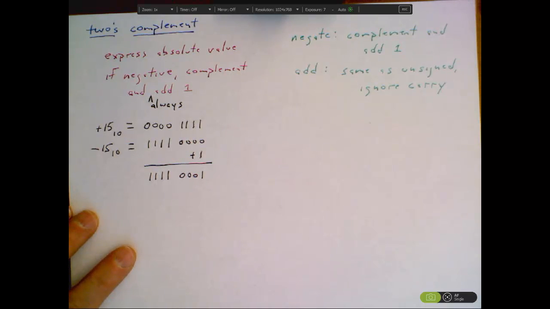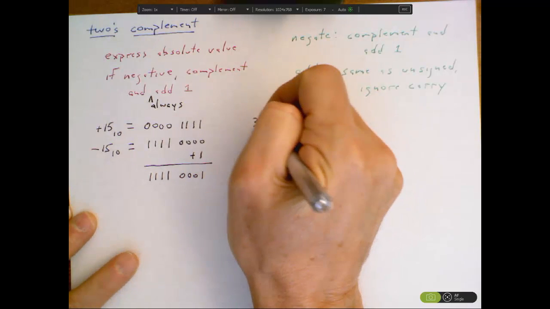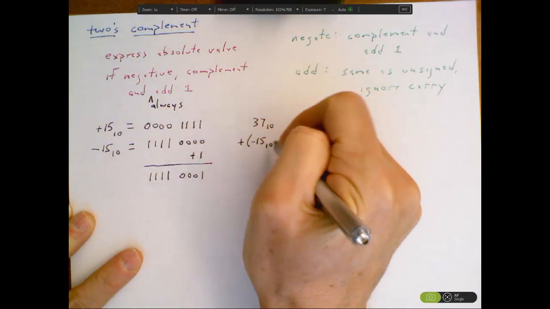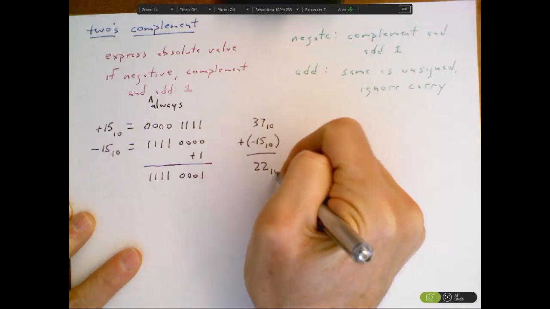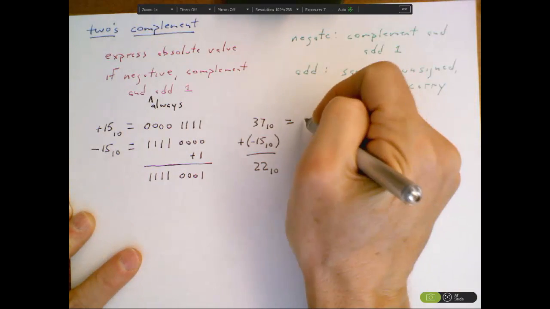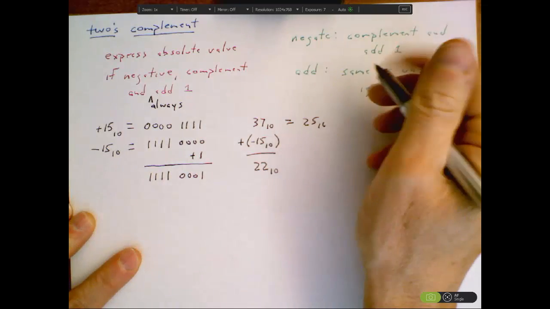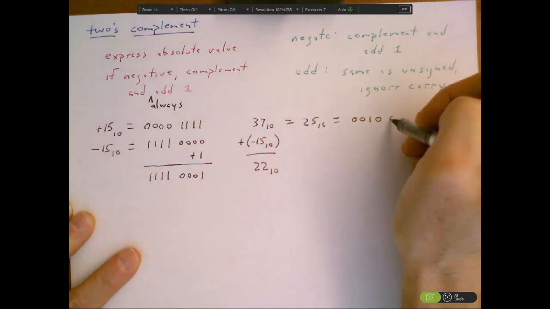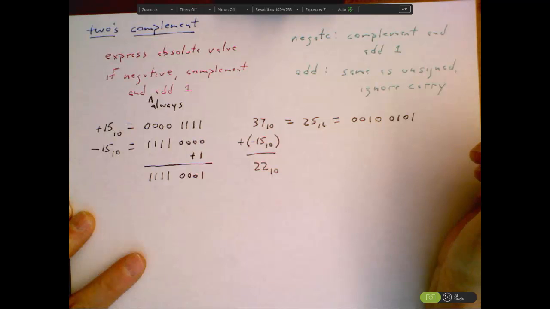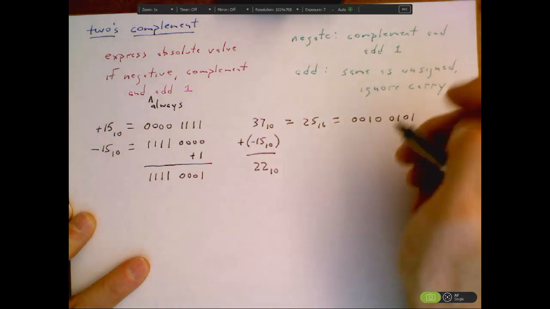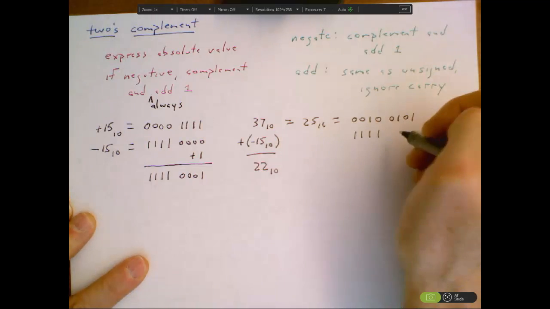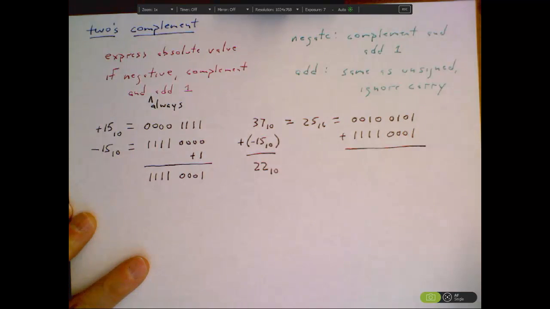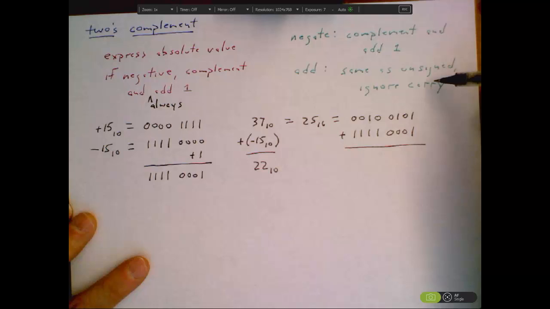Well, what about addition? Let's go back into our favorite addition. 37 plus a minus 15. Again, 37 was 25 in hex, which is 0, 0, 1, 0, 0, 1, 0, 1. And then put the minus 15 in 2's complement underneath it. 0, 0, 0, 1. And what's the algorithm for adding 2's complement numbers?